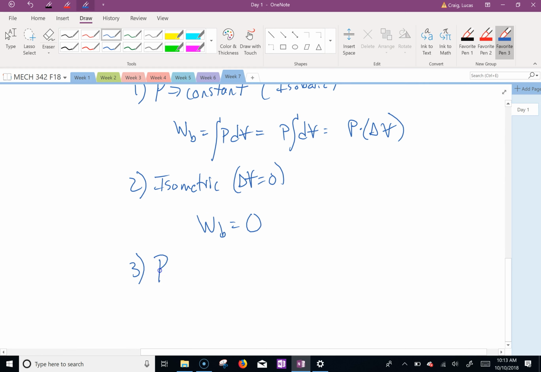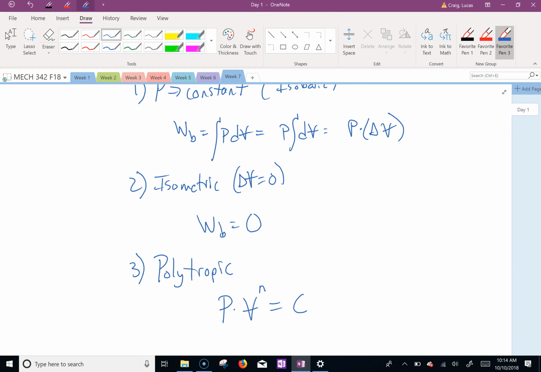The other process that we briefly talked about was polytropic. This states that P times V raised to the n is a constant. This is more in a sense of what really happens in real life, okay? So when pressure goes up or down, the volume is typically going to change.